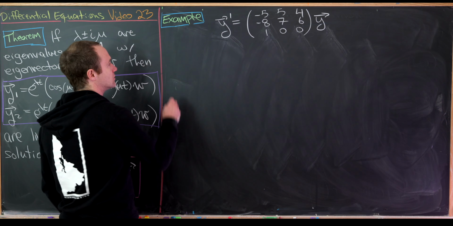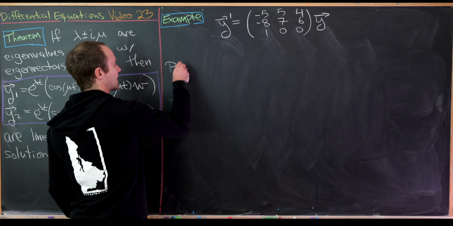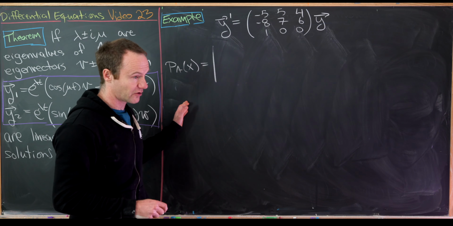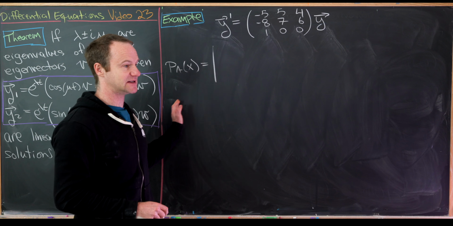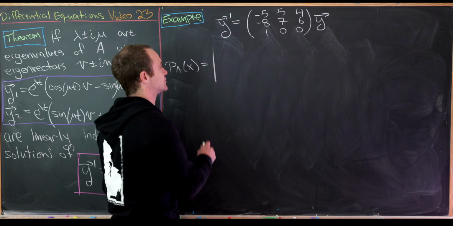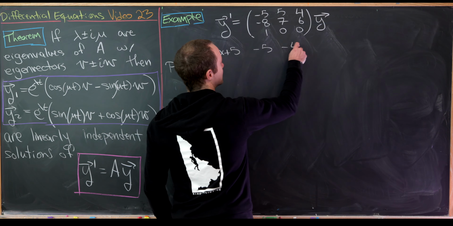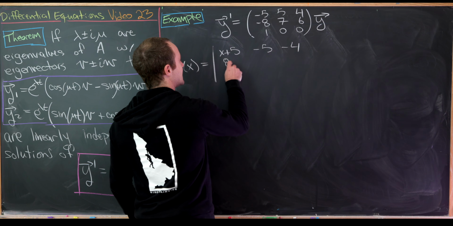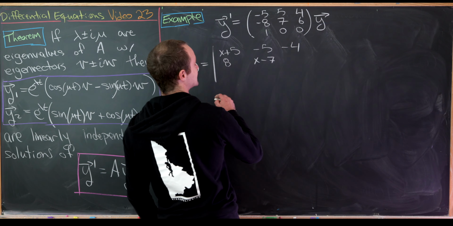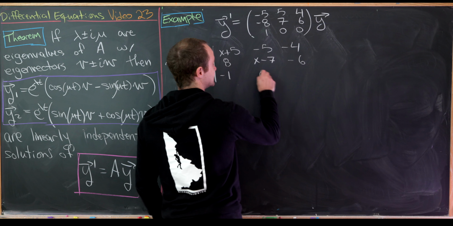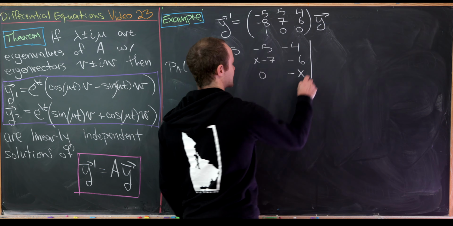Okay, so let's first calculate our characteristic polynomial. So that'll be the determinant of x times the identity matrix minus this matrix. So that'll be x plus 5, minus 4, we'll have 8 here, x minus 7 goes here, -6 goes here, -1, 0, and then -x.